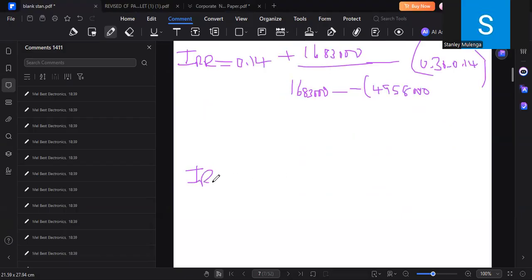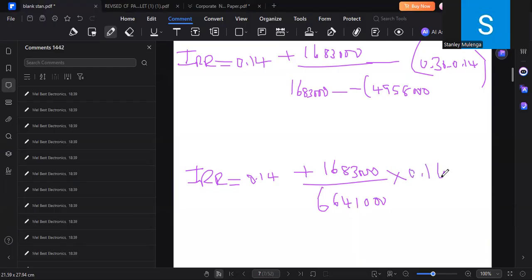So our internal rate of return will give us what? 0.14 plus 1,683,000 over the total here, which is 6,641,000, multiplied by 0.16. So it's giving us 18.05.